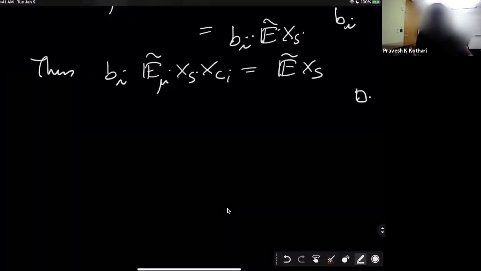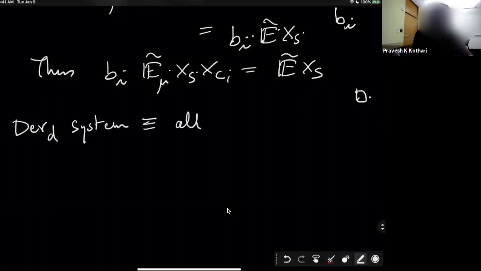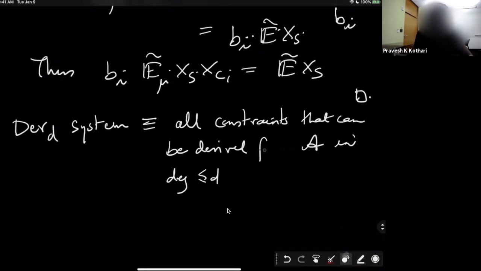I'll make this a formal statement: the Der_D system that we constructed the last time is the same as all constraints that can be derived via sum of squares proof of degree at most D from A.